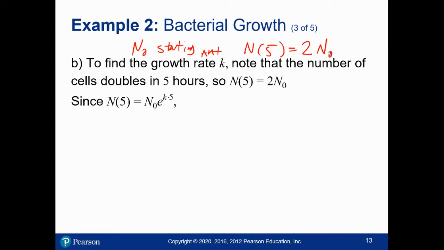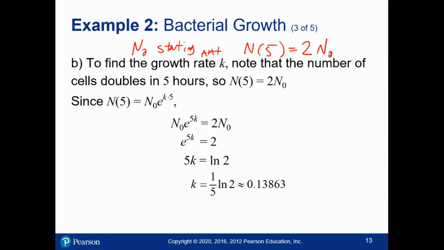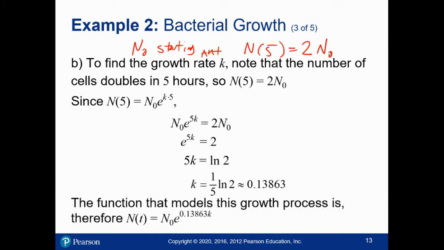So using the formula, n of 5 must be n naught times e to the 5 times k. We just replace n of 5 with 2n naught, cancel out the n naughts, take a natural log, and divide by 5. And end up with a growth rate of about 13.86%.